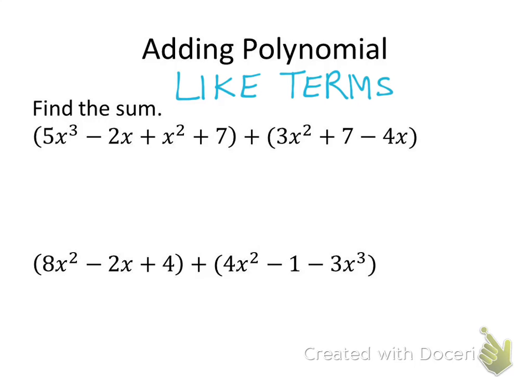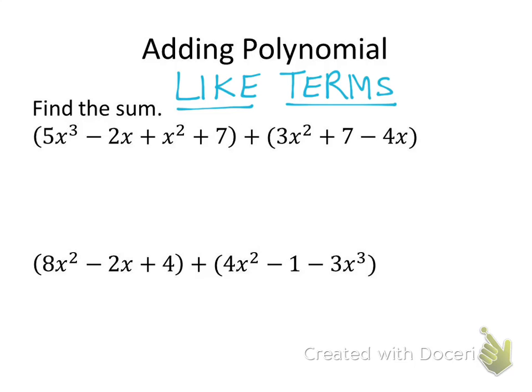This is nothing new to you. We know that like terms have the same variable, so the same letter, and that letter is raised to the same power. So like x and x would be like terms, okay, if they had numbers in front of them. X squared and x squared are like terms. However, x and x squared are not like terms.